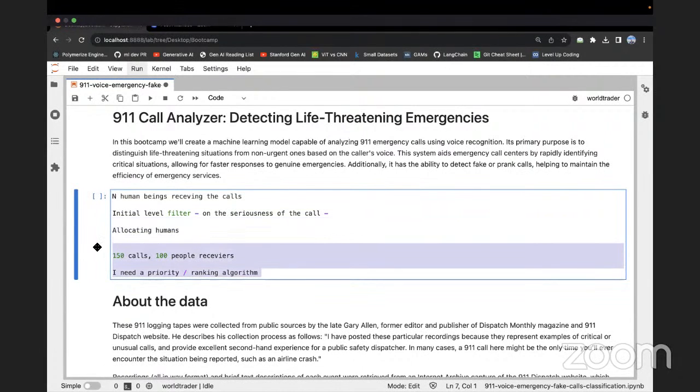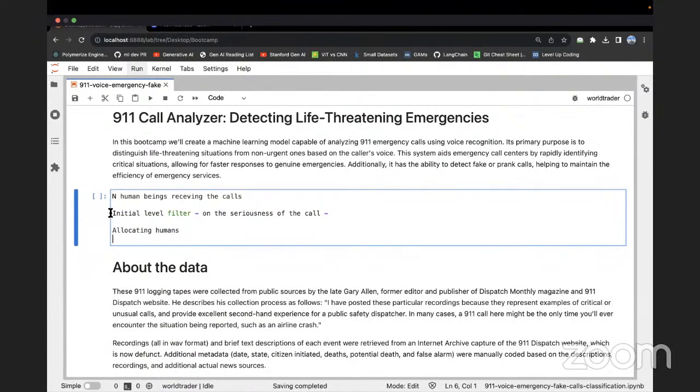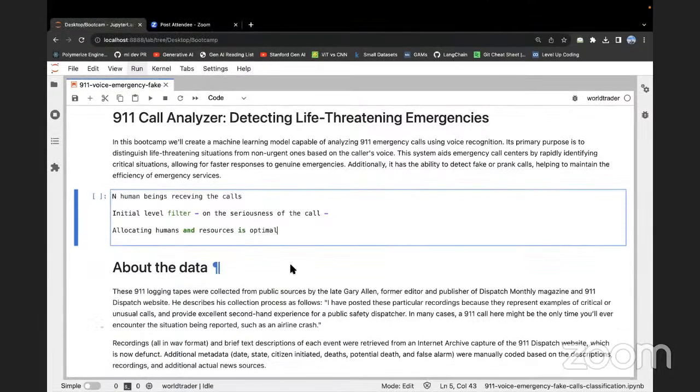So our solution today is going to provide that initial level filter, initial level ranking, so that allocation of humans and corresponding allocation of resources is optimal for the US government. Is that clear? Problem statement, guys. All of you, I hope that makes sense.